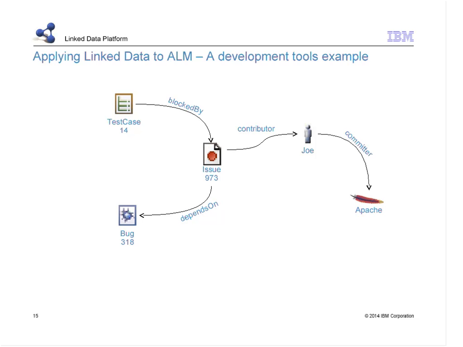That's key to this, because we're trying to adopt a very decentralized, distributed system where it doesn't matter for the test case management product which product manages issues, or for the issue management system where the bugs are. All it needs to know is it has a link, and if it follows the link, it will get the information.